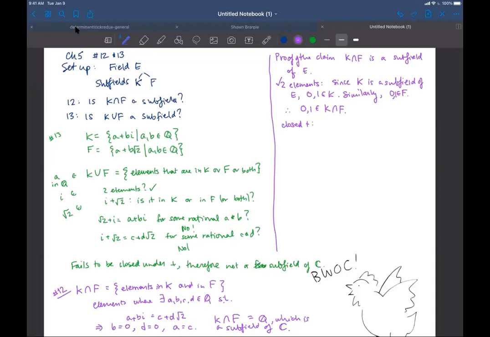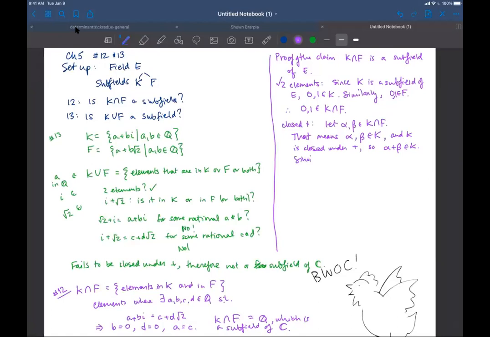Closed under addition, let alpha and beta be elements of K intersect F. That means that alpha and beta are both in K, because it's in the intersection, so it's got to be in K. And K is closed under addition. So alpha plus beta also has to be in K.